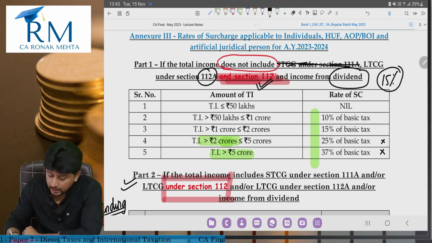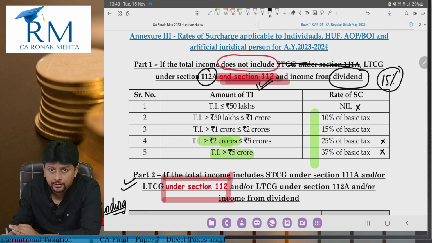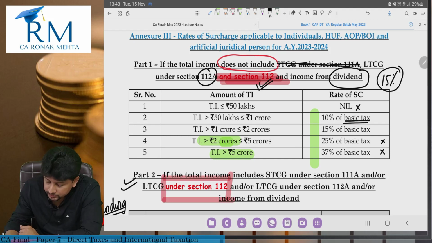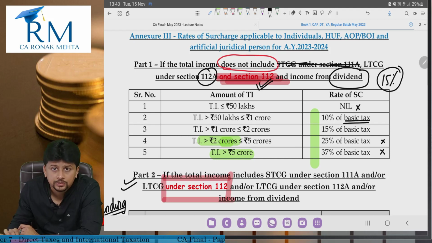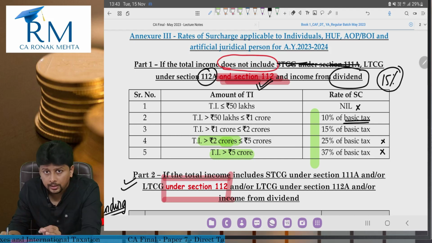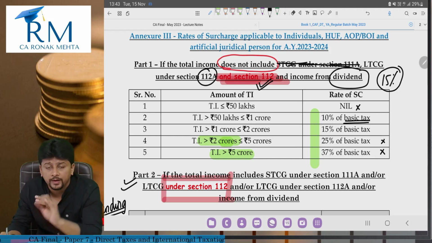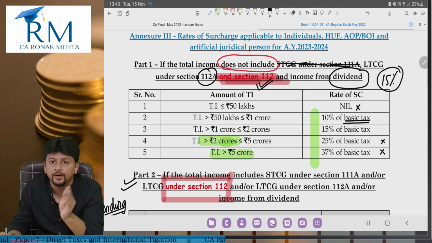Then up to 50 lakhs, no surcharge. If your income is above 50 lakhs but up to 1 crore, 10% of whatever basic tax you calculate is your surcharge. Above 1 crore, up to 2 crores, 15%. Above 2 crores, up to 5 crore, 25%. Above 5 crore, 37%.